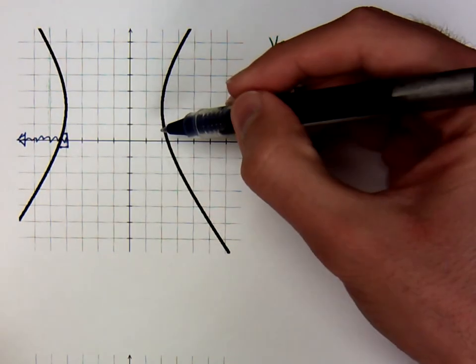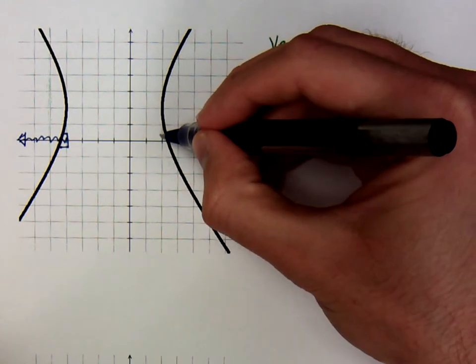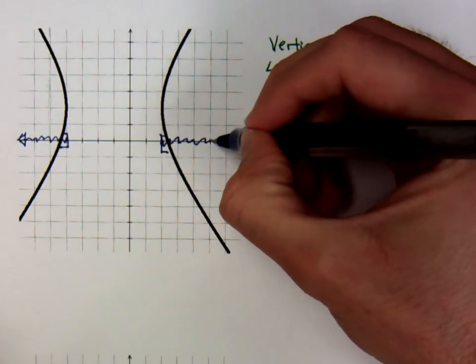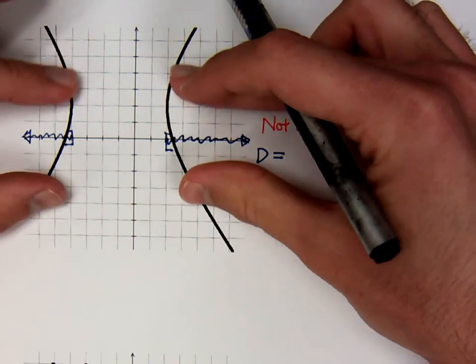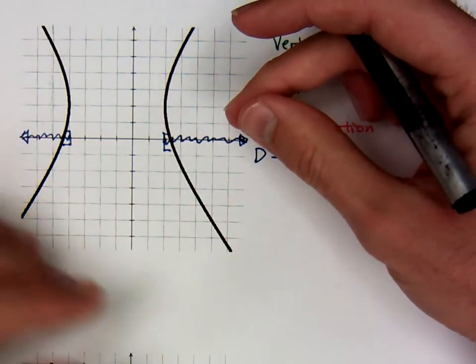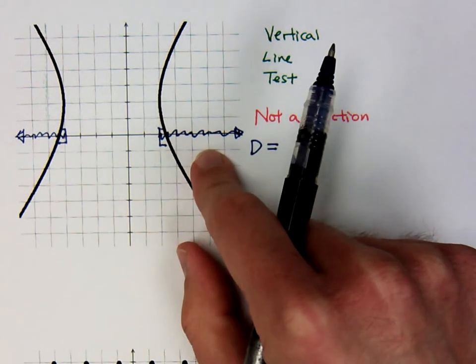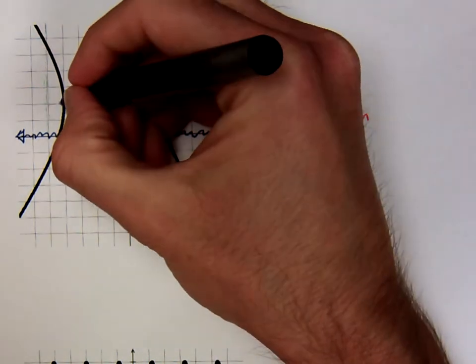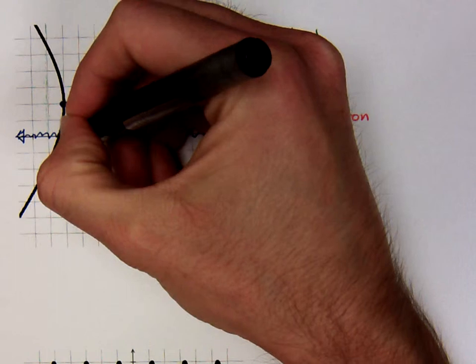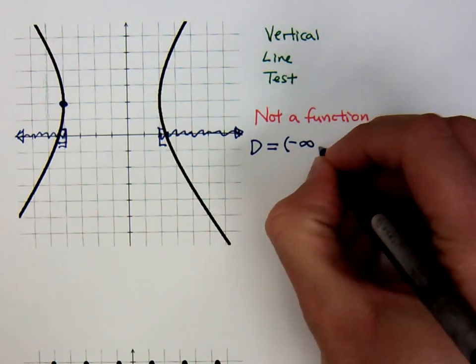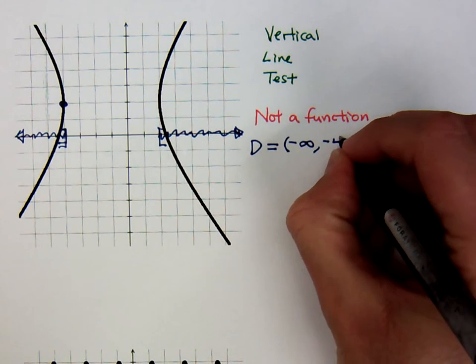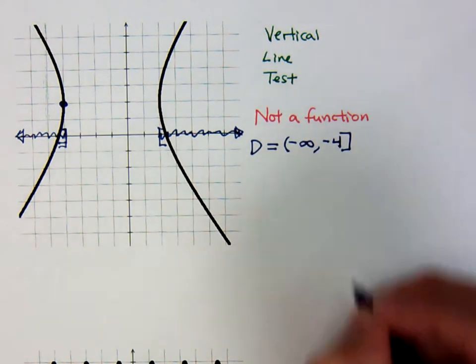This piece over here starts at +2, and it would include everything to the right. So just imagine with your minds, you're smashing this onto the x-axis. And so this is what you would have. You do include this point right here, so that is going to be a bracket when you go to the interval notation. So that's going to be from -infinity to -4 with a bracket, because we are including that.